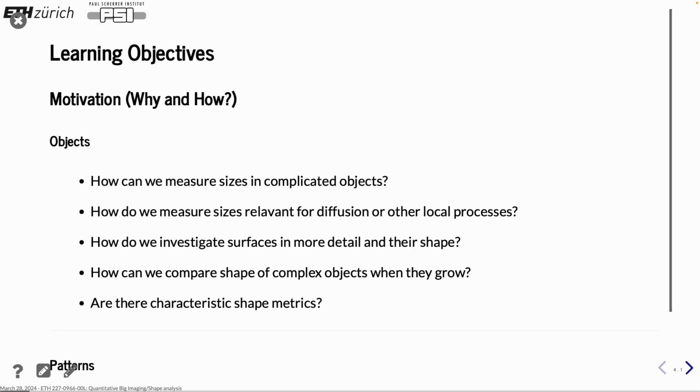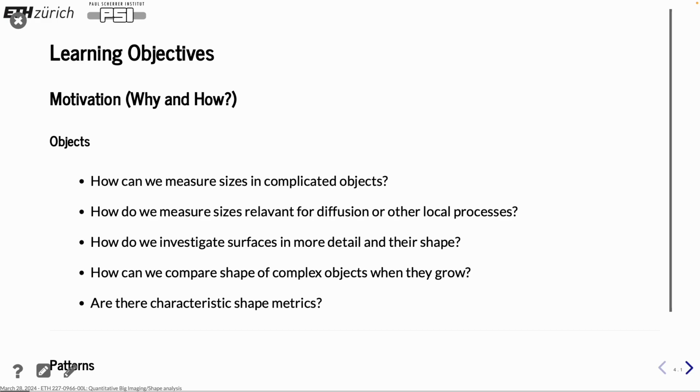So now the question is how we can measure sizes of complicated objects. Until now we measured area, we measured perimeters and things like that, but they don't really tell much about the object.